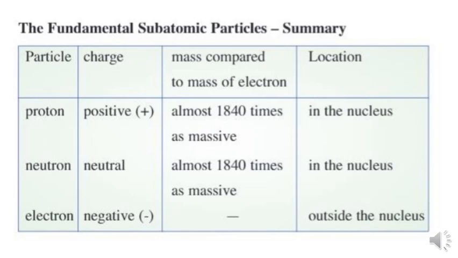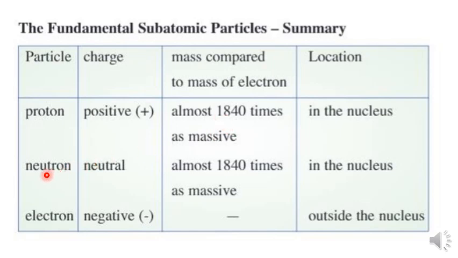But before we get to that, we really need to know that, of course, the atom has a mass, because all this mass will contribute to the mass of the matter itself, right? But where does this mass come from in the atom? In this table, they show us a comparison between the mass of the proton and the neutron with the mass of the electron. The proton, which has a positive charge, has a large mass, which is 1,840 times as massive as an electron.